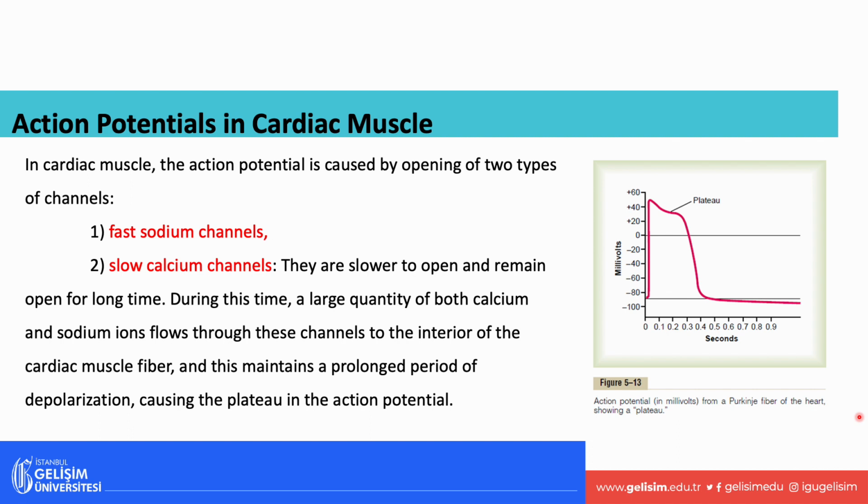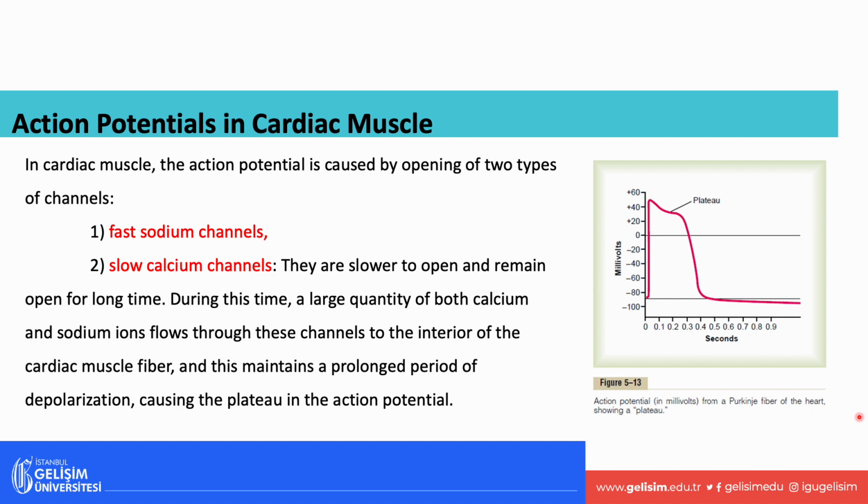So again, in cardiac muscle and heart muscle, the resting membrane potential is minus 90 millivolts. The period of sodium influx is very brief because the sodium channel quickly inactivates and the sodium influx stops.